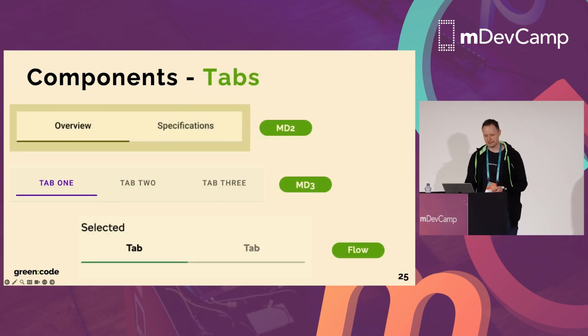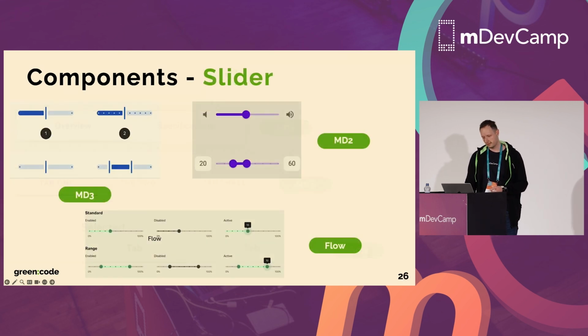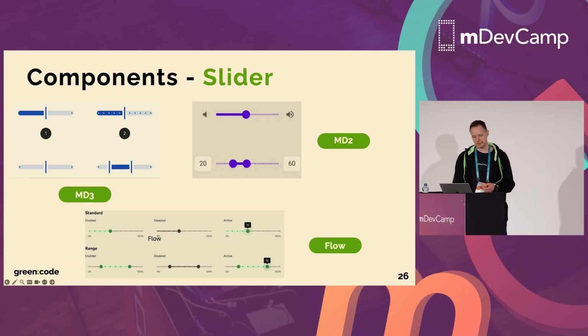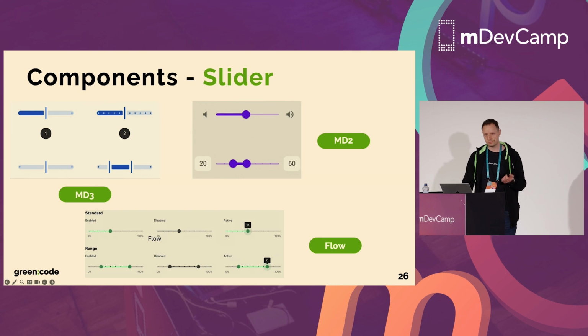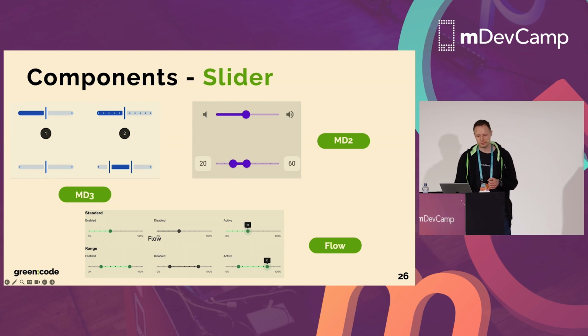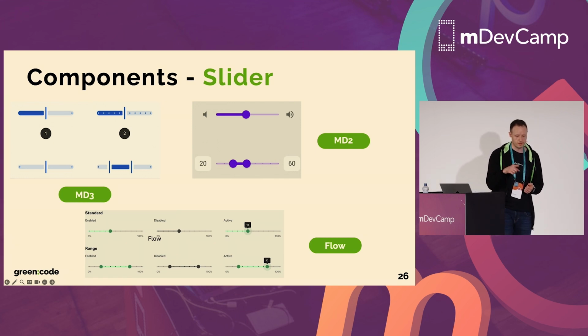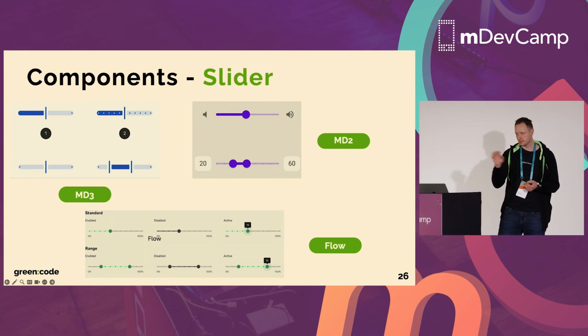Tabs, Material Design 2, we use in code. Probably we could take Material Design 3. Slider, we restyled Material Design 2, and we enhanced it a bit. We just added the label. When you move the slider, then you see the value.